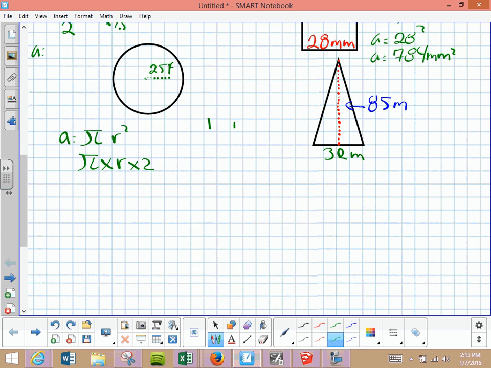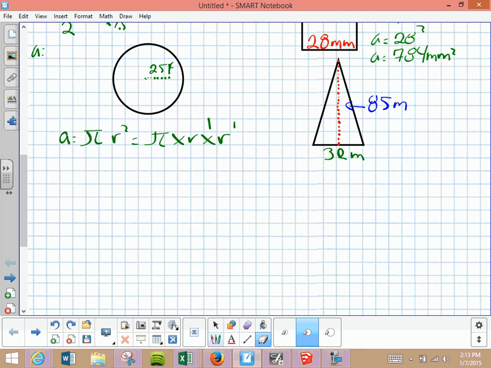That's not what I'm asking for, right? If you have difficulty remembering what r squared means, I want you to write it as pi times r times r. And that'll remind you that you're multiplying the radius by itself. Otherwise, you're going to get the wrong answer. And as always, the wrong answer is available. So you'll think, oh, I got it right, and you didn't.